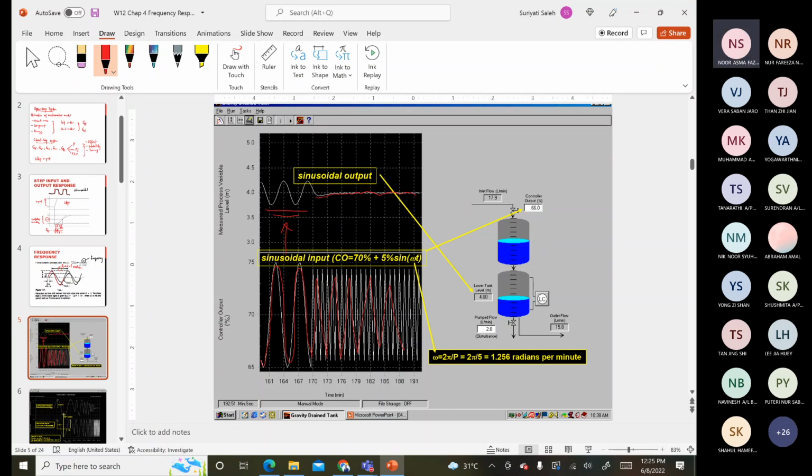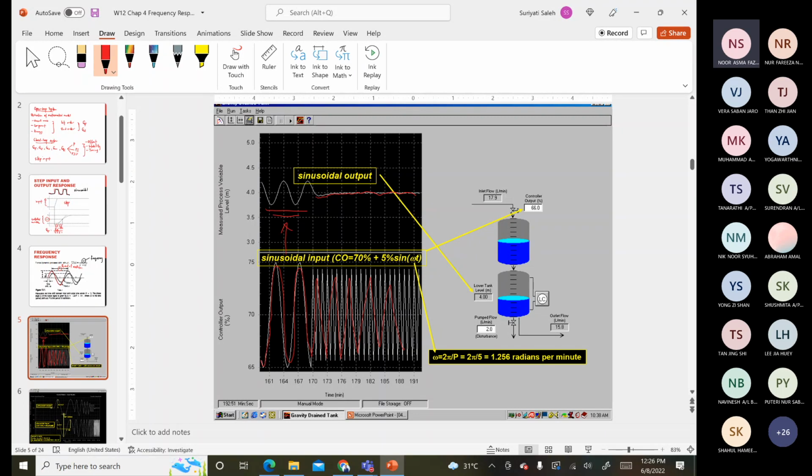So this example introduces how to control the level using the sinusoidal input, where we want to maintain at 4 meters. So instead of using the step input, we use the sinusoidal input. In the beginning, the slower rate of oscillation is used.